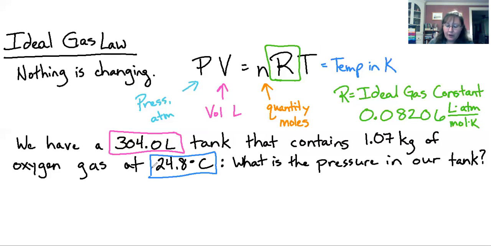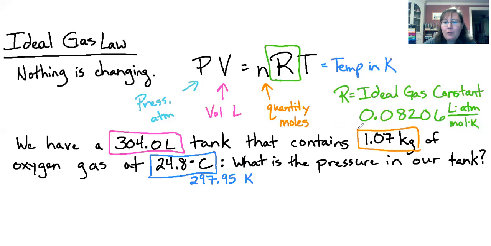So now I need to convert that. So 24.8 plus 273.15. Okay, and that gives me 297.95 kelvins.